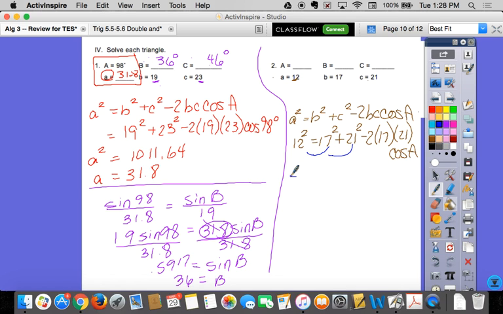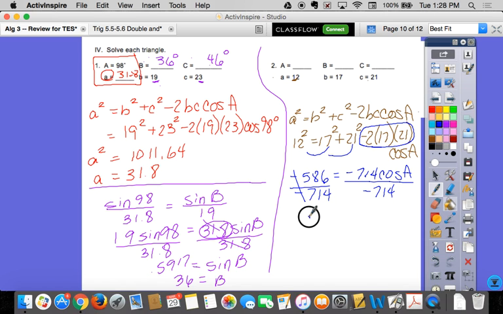That is going to leave you with a negative 586. When you multiply this portion, you're going to get negative 714 cosine a. Divide it out. Your negatives cancel, and you got 0.8207 cosine a.